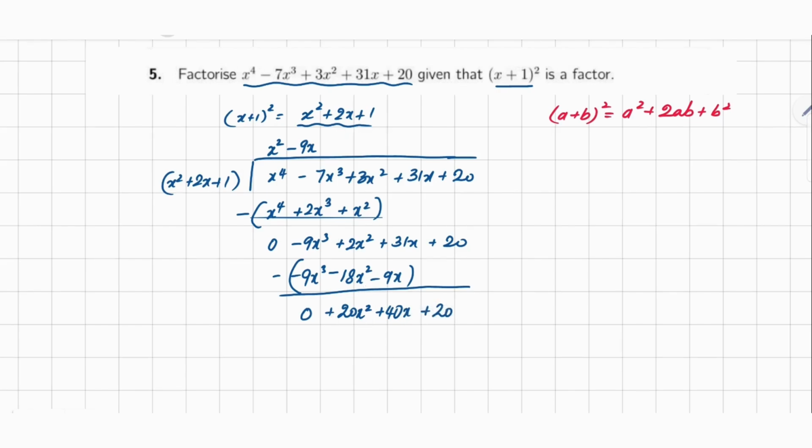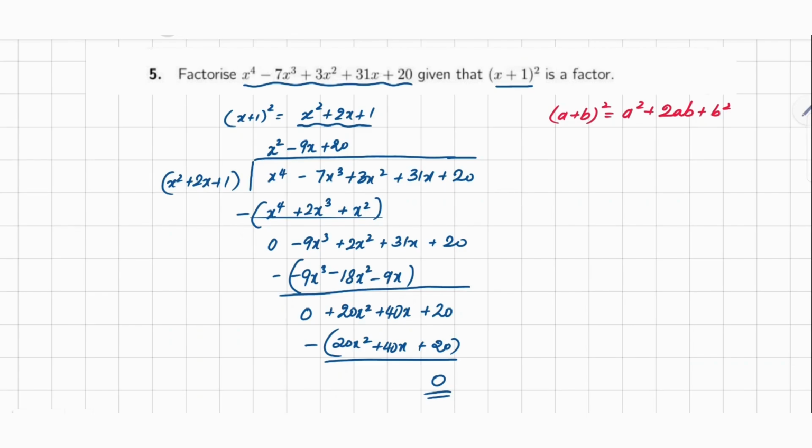We need 20x squared, so we just multiply this with 20. We have 20 times x squared is 20x squared. 20 times 2x gives us 40x, plus 20 times 1 gives us 20. 20x squared minus 20x squared is 0. 40x minus 40x is 0. 20 minus 20 is 0.